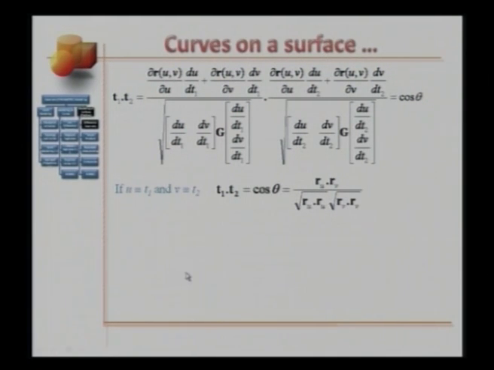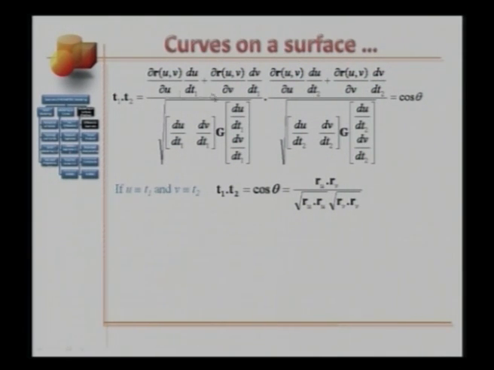You can verify this. If u equals t1, this expression is 1. If v is equal to t2, t1 and t2 are independent parameters, so this result is going to be 0. Likewise, this result is going to be 0 because u is t1 and dt2 over dt2, where v is t2, will be 1.